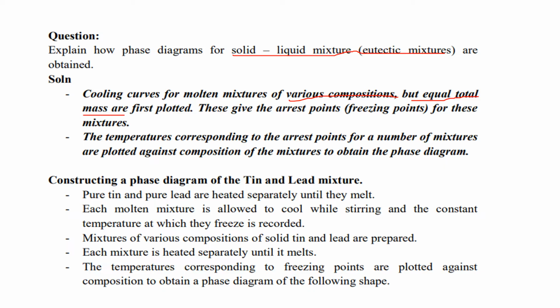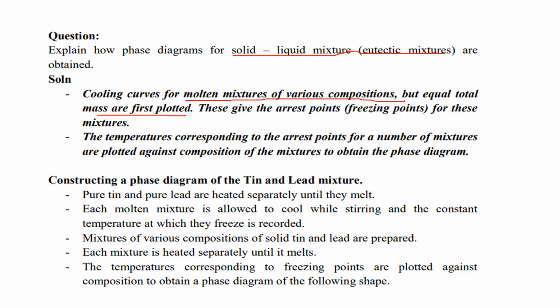That's why I said cooling curves for molten mixtures of various compositions, but of equal total mass, are first plotted. And these are going to give us our arrest points.